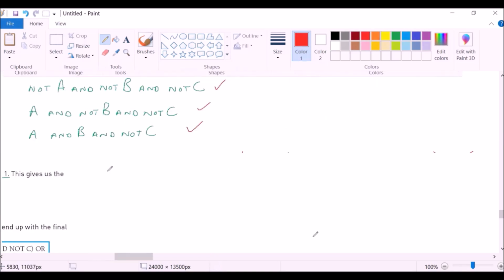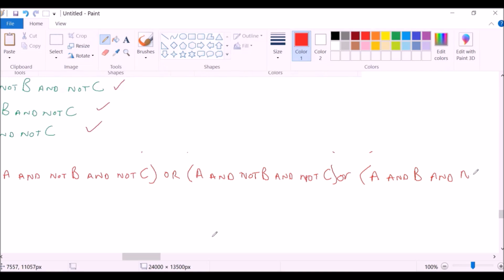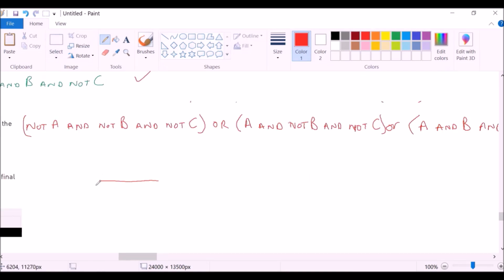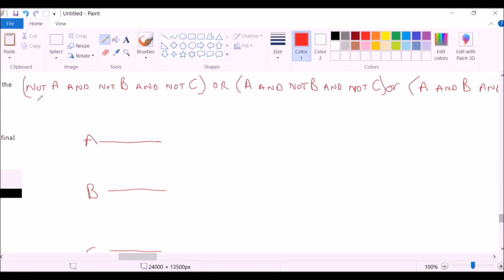So we'll say not A and not B and not C, or A and not B and not C, or A and B and not C. So we start with our inputs A, B, and C. For the first circuit, we start with not A and not B. So we not here, we not there.